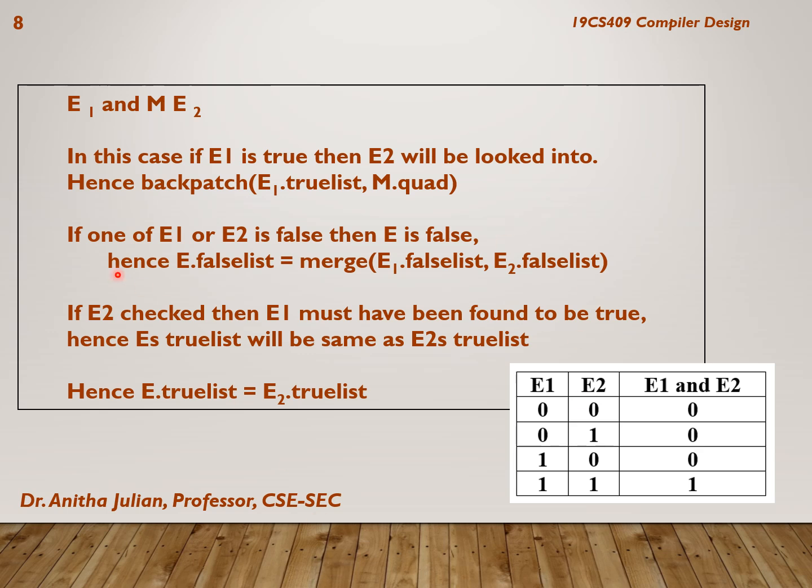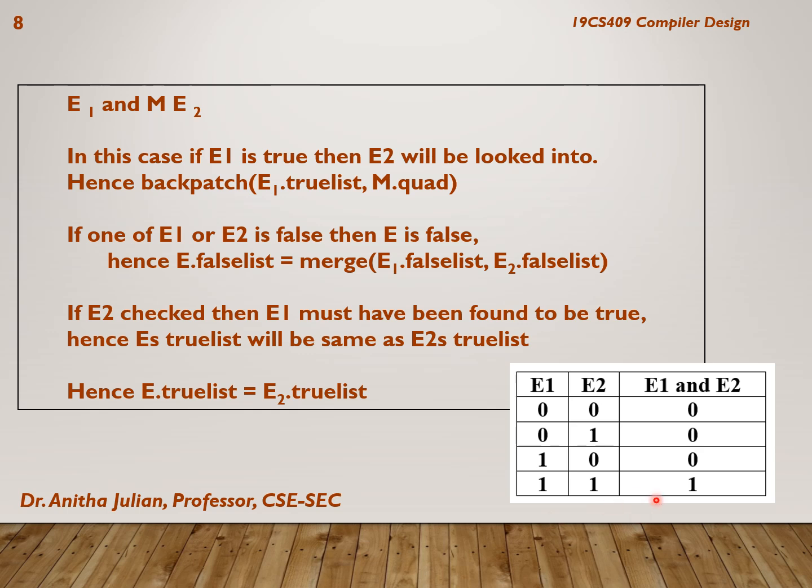We will analyze them. So first we will take the AND condition. In the AND condition, E1 and E2, we already have the marker. So when E1 is true, I have to definitely evaluate whether E2 is also true, because if E2 becomes false, the entire expression is going to be false. You can refer to the truth table, which you must have studied in your earlier classes.